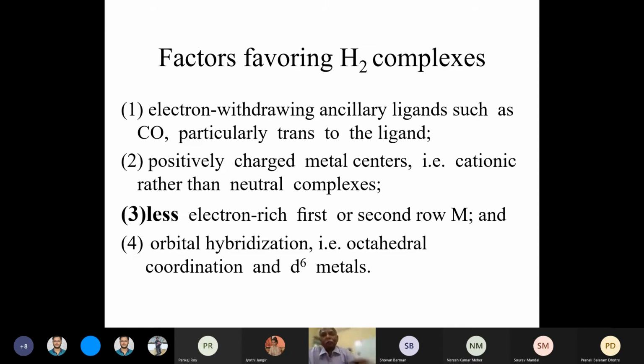If I have electron withdrawing ancillary ligands, that means poor donor ligands, such as carbon monoxide, particularly trans to the ligand, the ligand that we are talking about is HH.